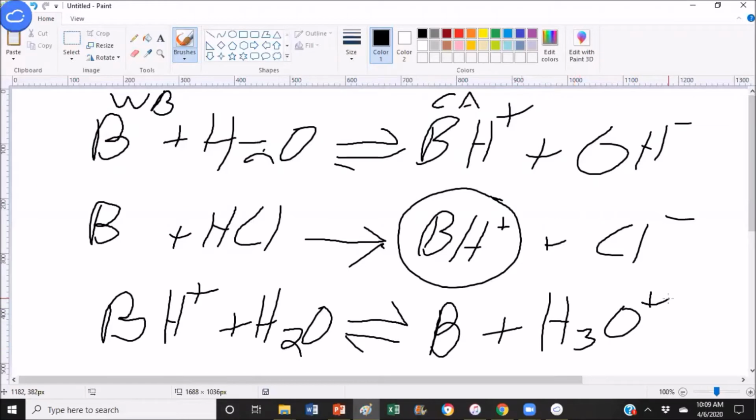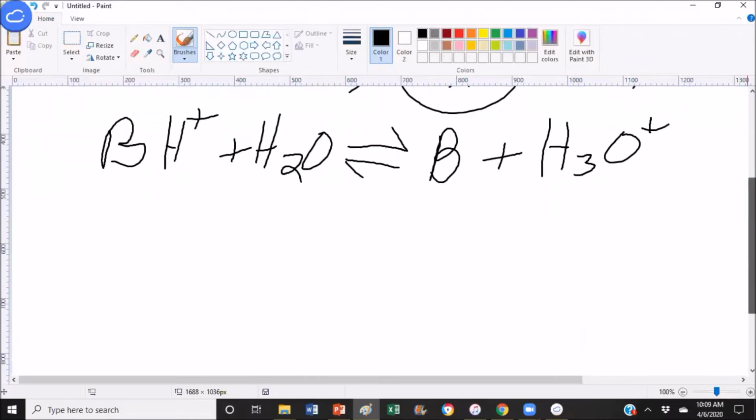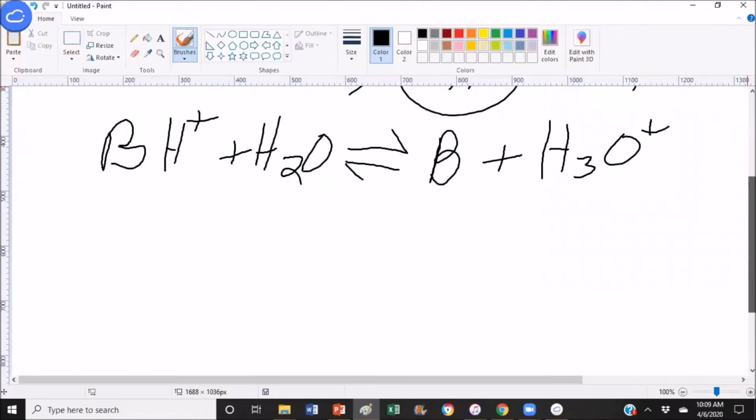So a weak base will be acidic at the equivalence point, just like a weak acid will be basic at equivalence point. So how do you tell a weak acid from a strong acid? You look at the pH at equivalence point. A weak acid will be above 7. A strong acid will be at 7.